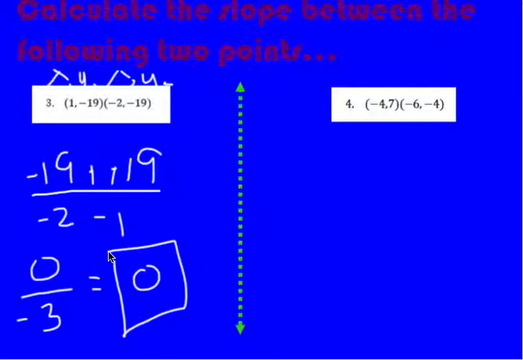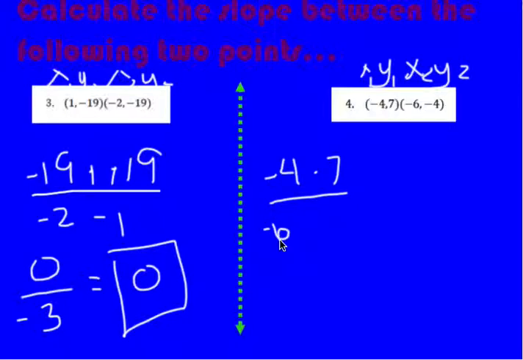Now let's take a look at number 4. So we have x1, y1, x2, y2. Let's go ahead and take a look. I have y2 minus y1 divided by x2 minus x1. Again, I want to change that to plus a positive. So negative 4 minus 7, again, that's going to get more negative because both of those numbers that we're adding are negative.